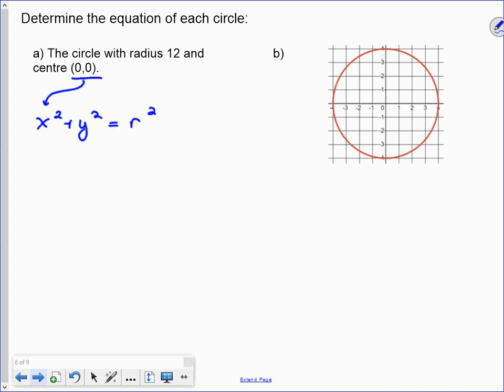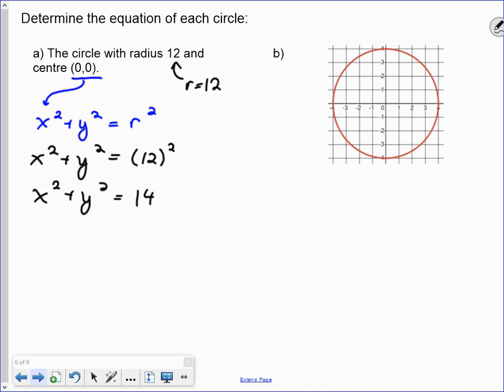They tell us in this question that r is equal to 12. So let's sub that in. x squared plus y squared equals 12 squared. And then evaluating the 12 squared, 144. There's our equation with that number for the radius filled in.